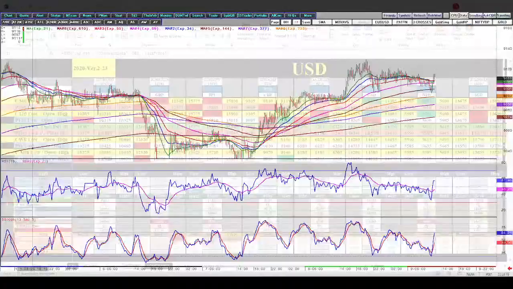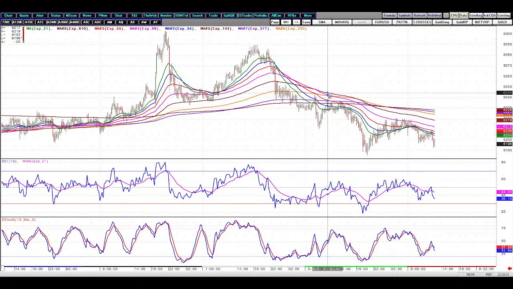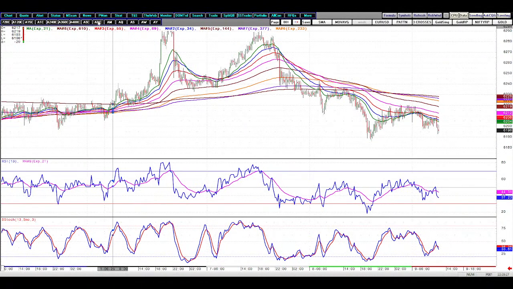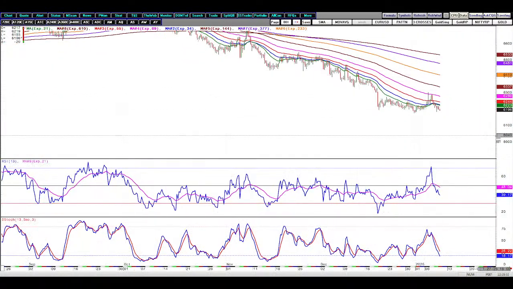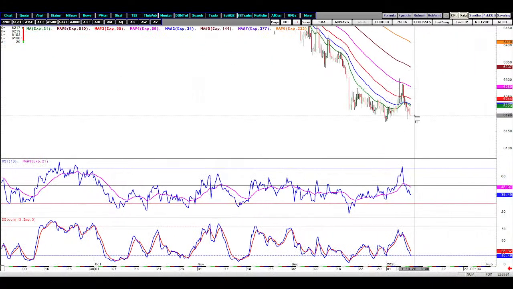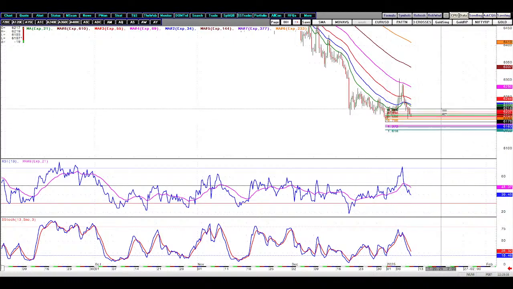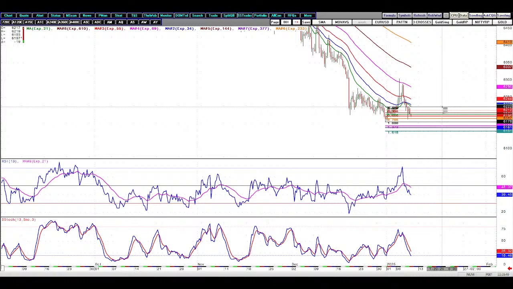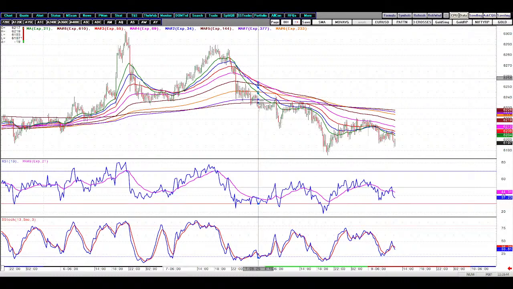Let's confirm it with the chart. The chart daily is down, downside bias. 360 is also showing downside bias. So now expect this low to break. If it breaks, then 61.60 should be your final level.